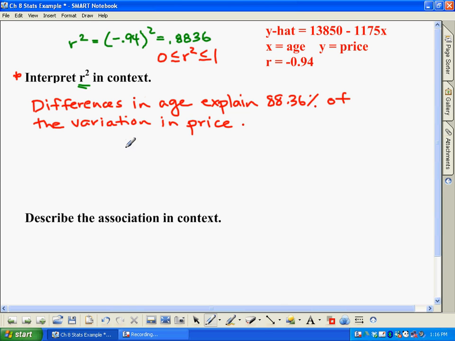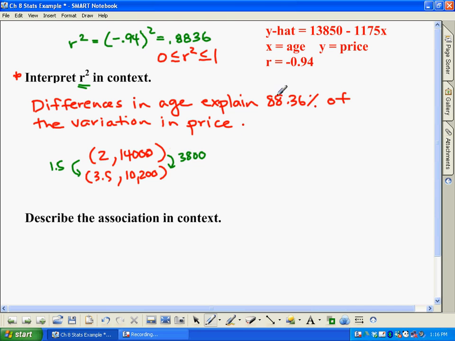And so I'm just throwing out an example here. Let's say I had a car that was 2 years old and it cost $14,000. And let's say I had a different car that was 3.5 years old that cost, say, $10,200. So really what we're saying is, hey, the difference here is 1.5 years, and it explains a certain percentage of this difference, which by the way is 3,800.